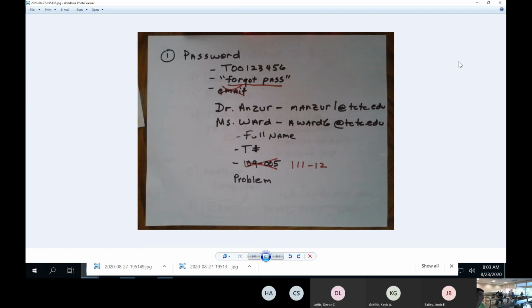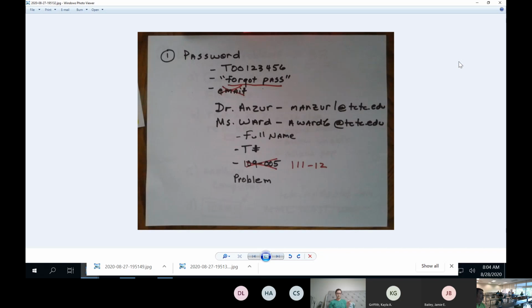And if your password doesn't work, I've heard a lot of people are resetting their passwords using forgot password. Again, most of y'all are on and everything's okay, but there's several things I want to talk about today. If you do not get a forgot your password email within a reasonable amount of time, within an hour, then you need to email those two people, Dr. Anzer at manzer1@tctc.edu and Ms. Ward at award6@tctc.edu.